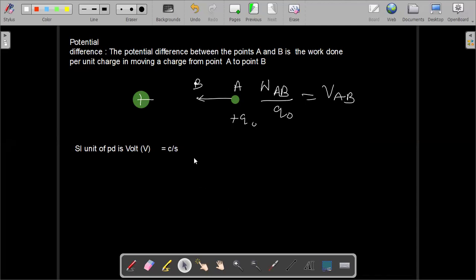The SI unit of potential difference is volt.